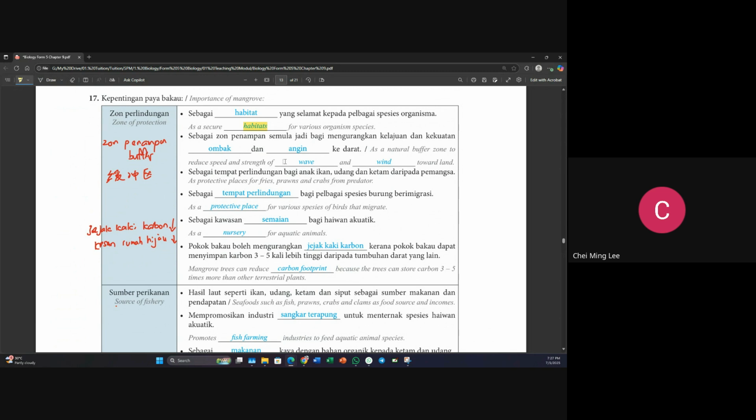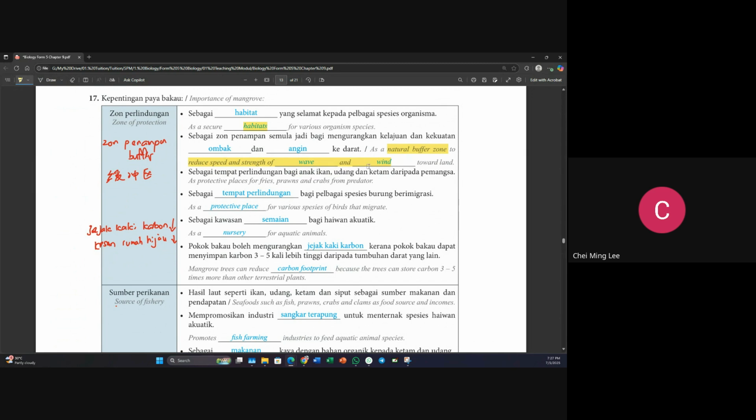Now, why? Because it can also be a natural buffer zone. Okay, why? To reduce the speed and strength of waves and wind towards the land. Because the plants are like a big cover that will slow down the wind after it passes through.